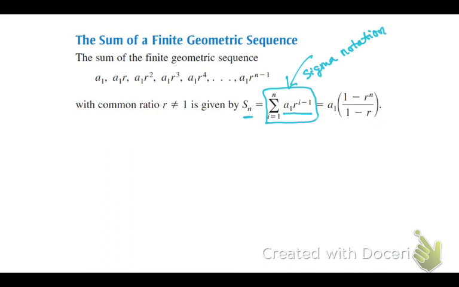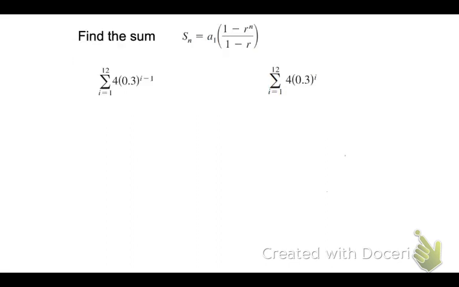Everyone got it written down? Okay, so we need the sum from 1 to 12 of 4 times 0.3 to the i minus 1. Now, if I didn't use the formula, I'd have to plug in 1 through 12 and add those all up. Do you want to do that? I don't.